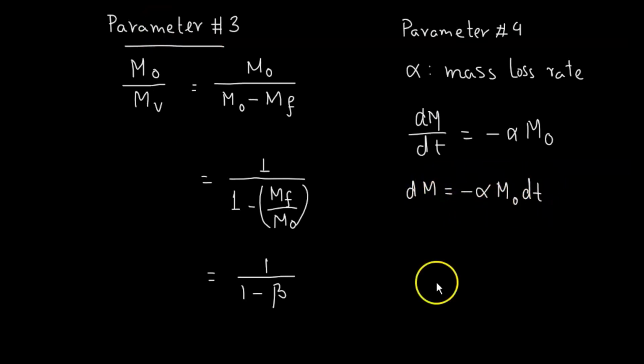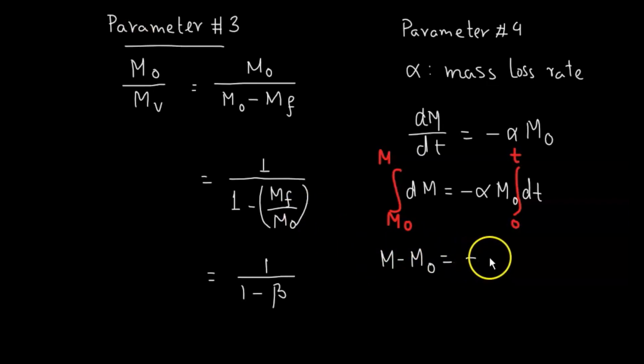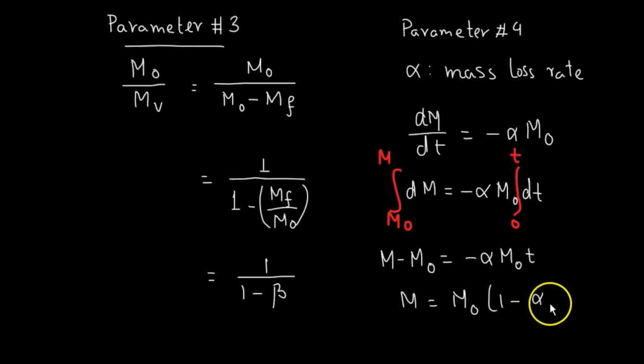Then we can integrate both sides. The limits of mass will be from m0 to m, and time will be from 0 to t. Solving this gives us m minus m0 equals negative alpha m0 t, or simply m is equal to m0 times 1 minus alpha t.